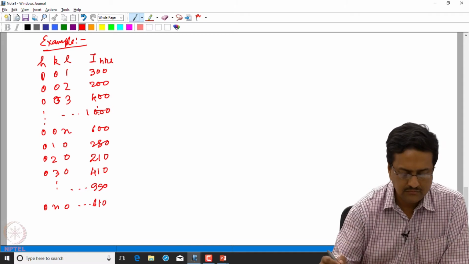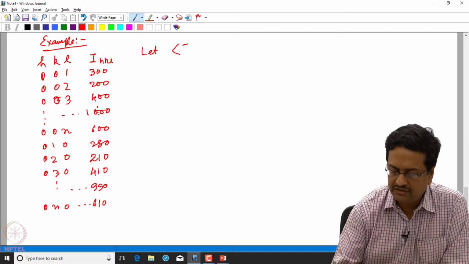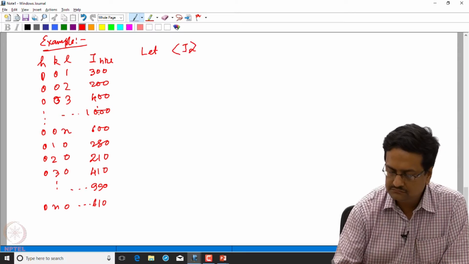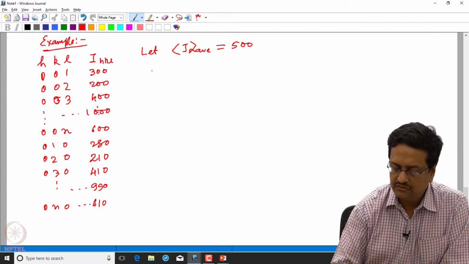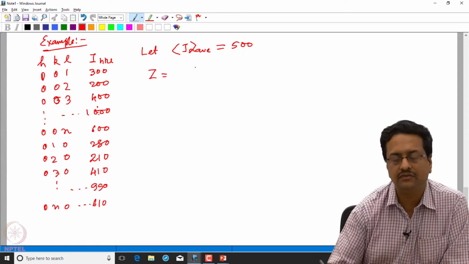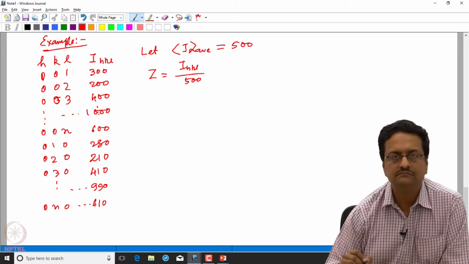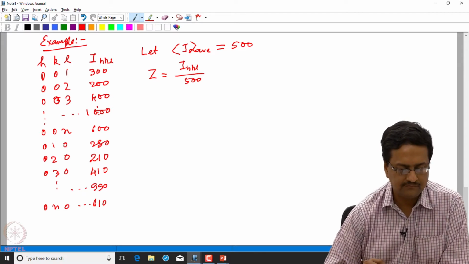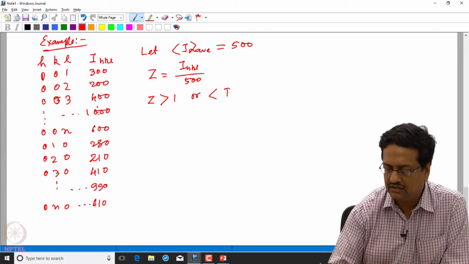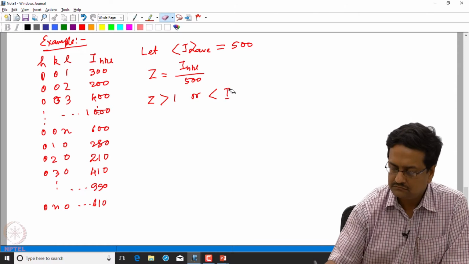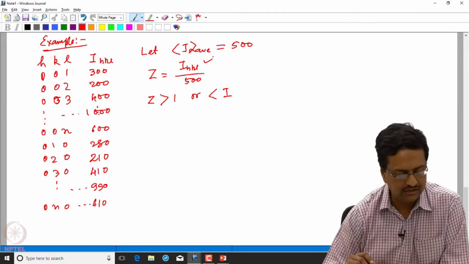So then we may find that the average, that is I average, is equal to say 500. So we calculate the Z for each and every reflection with IHKL by 500. So that is my value of Z. So Z can be greater than 1 or less than 1 depending on the actual intensity of IHKL.